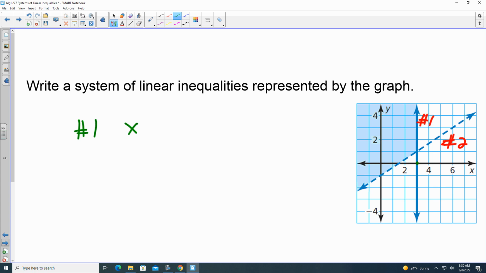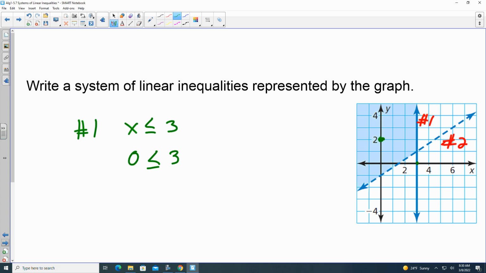And it hits at 3, so I'm just going to pick right here. And this is at 0, comma 2, so 0 has to be less than or equal to 3 is my first one.